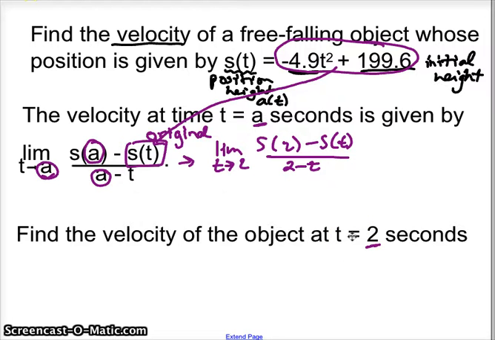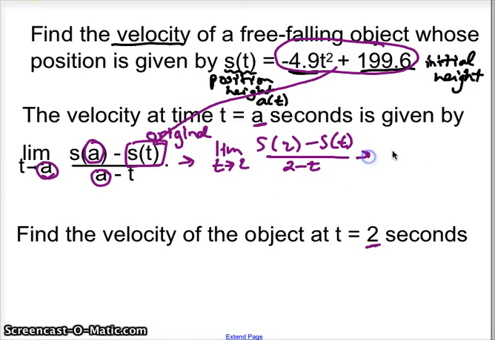So first we need to find s of 2, which means we're going to plug 2 into the function: negative 4.9 times 2 squared plus 199.6, which is 180.